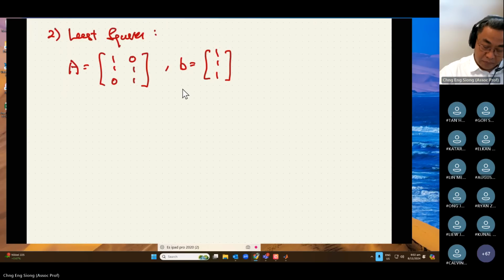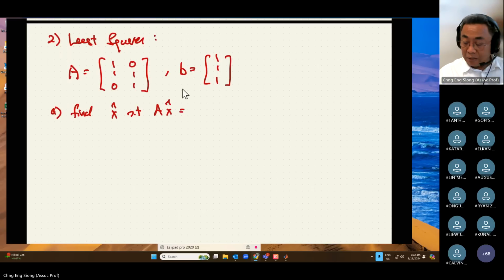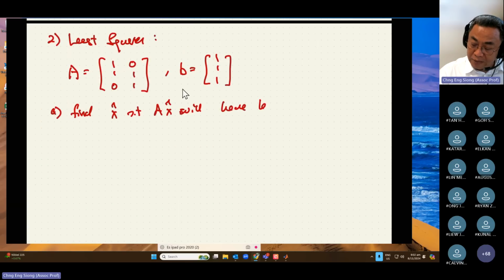Okay, so the standard question that we'll ask you is always: find x hat such that A x hat will have least squares error to approximate b.